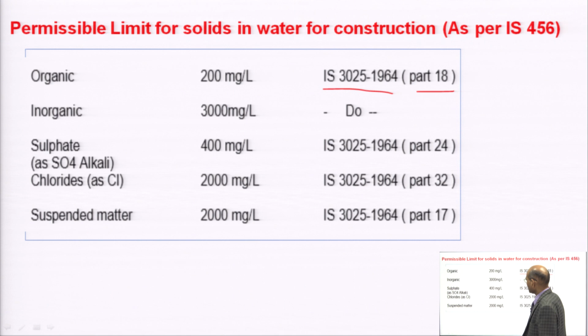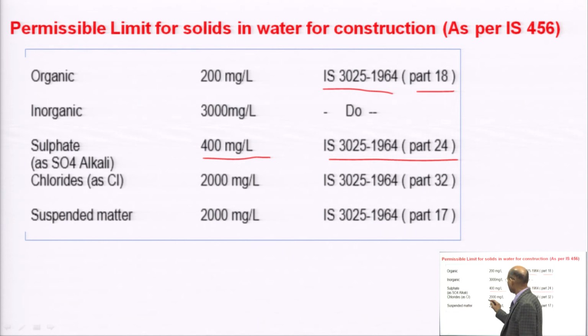Sulphate as SO4 should not be more than 400 milligram per liter, given in IS 3025 part 24. And chloride is 2000 milligram per liter, and suspended matter should also not be more than 2000 milligram per liter, governed by part 17.